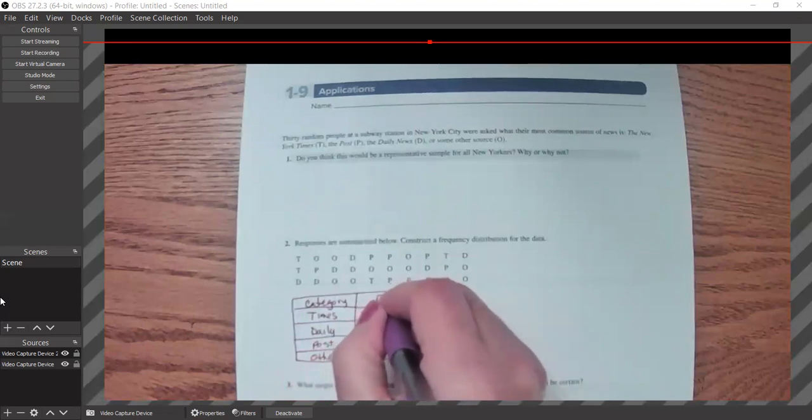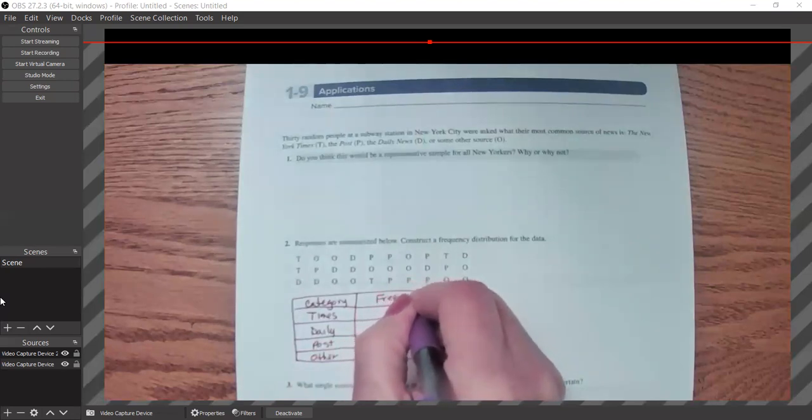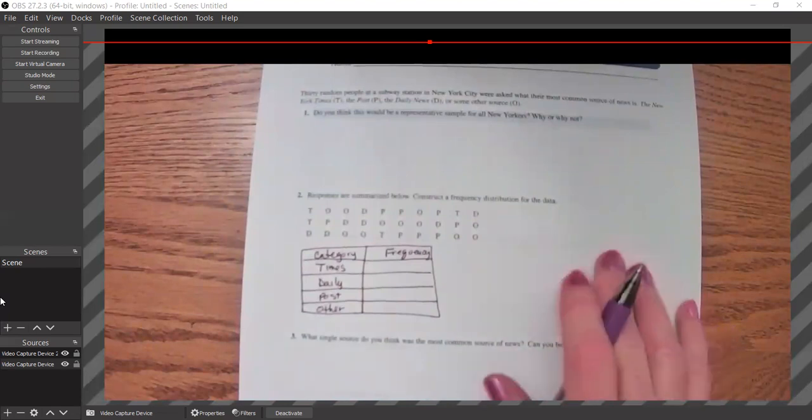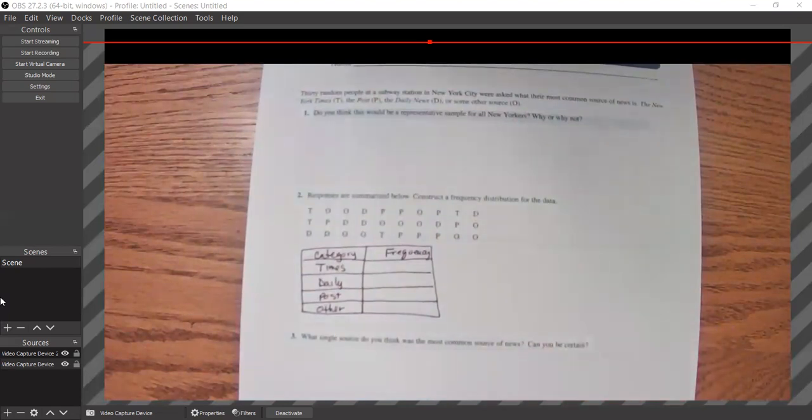And here will be our frequency, how many times someone gave that as their answer. So we'll do our work on the side here and just put our final answers in our frequency distribution chart.